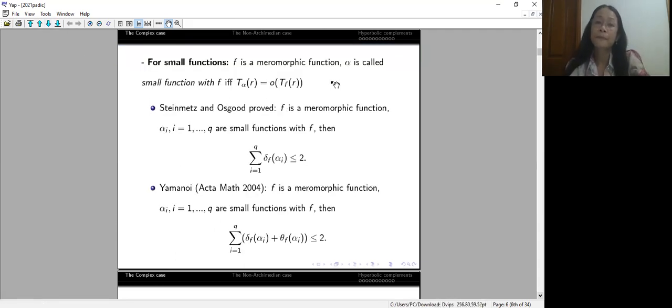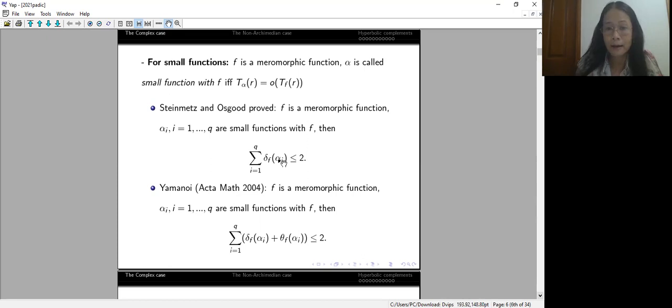So f is a meromorphic function and alpha is a small function with respect to f if the characteristic function of alpha is very small compared with the characteristic function of f. And then Steinmetz and Osgood proved that for a meromorphic function and small functions alpha i, the bound is 2.